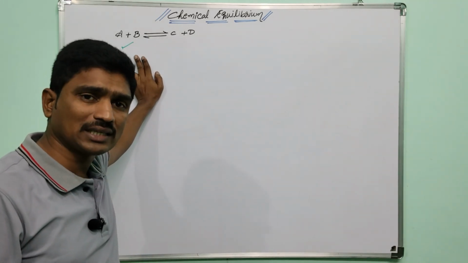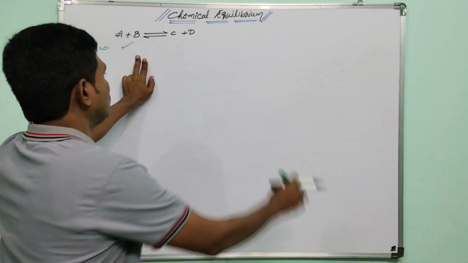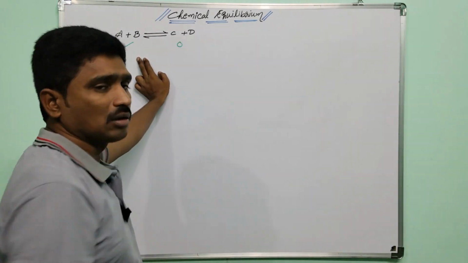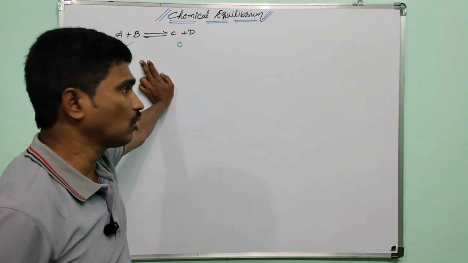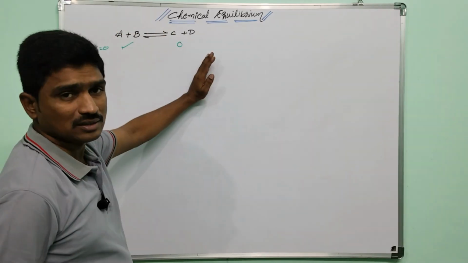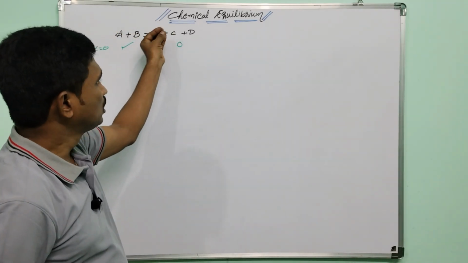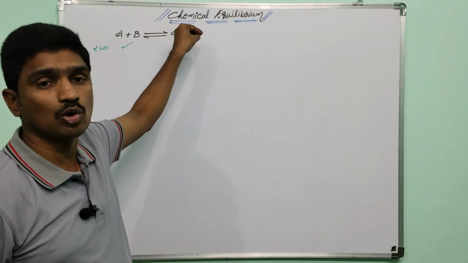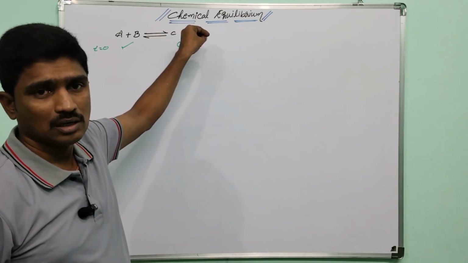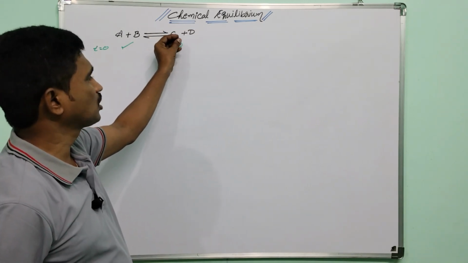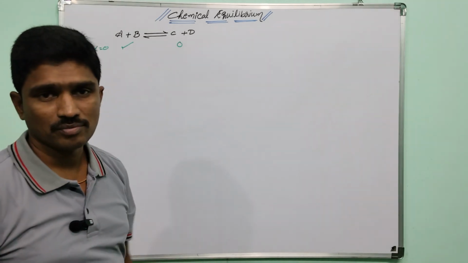Nothing but only reactants are present in a vessel. There are no products. So as the time progresses, the reactants A and B combine to give products C and D slowly. Okay, I mean some amount of products starts forming.